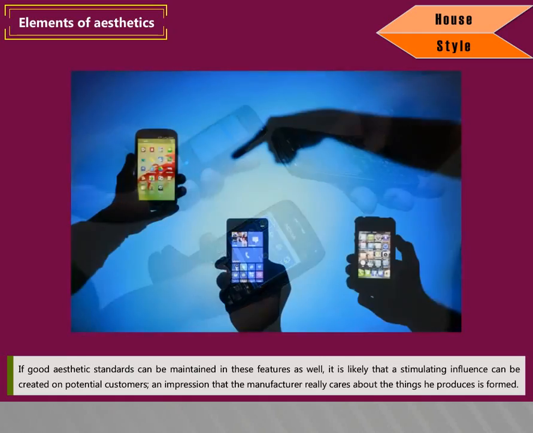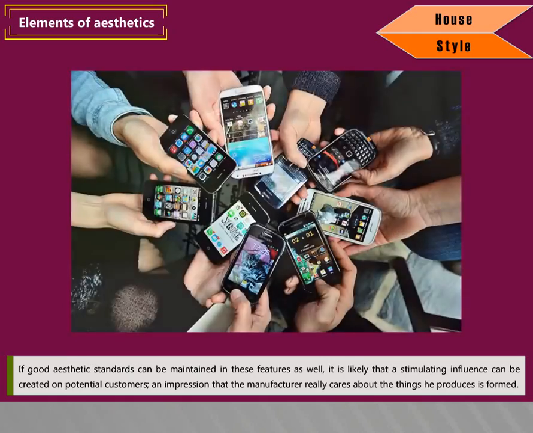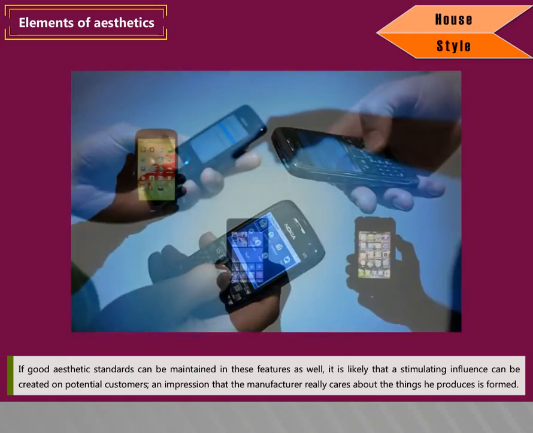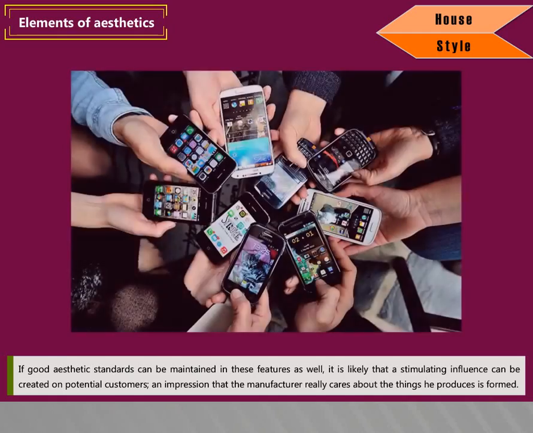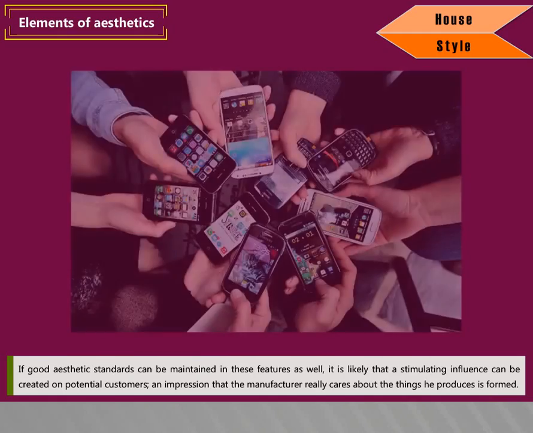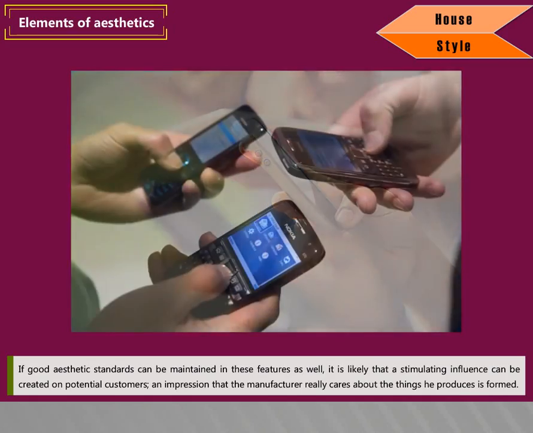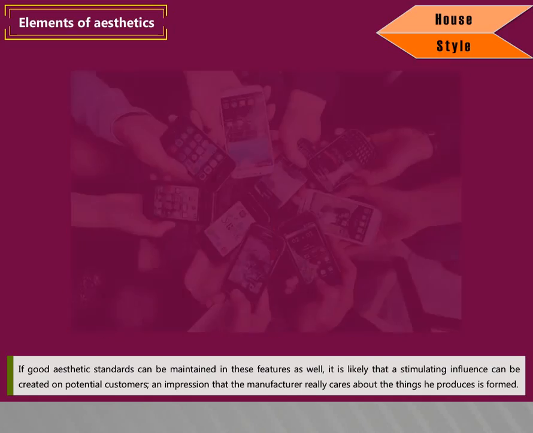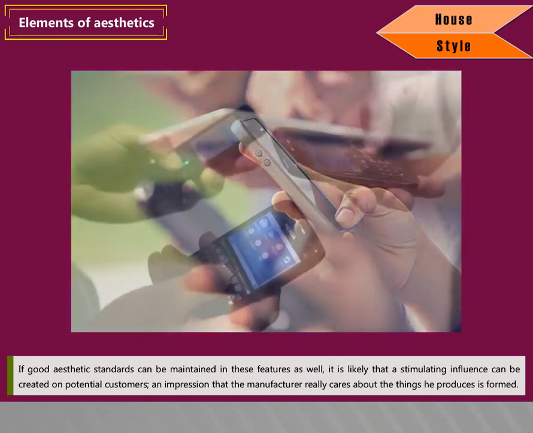If good aesthetic standards can be maintained in these features as well, it is likely that a stimulating influence can be created on potential customers, an impression that the manufacturer really cares about the things he produces is formed.